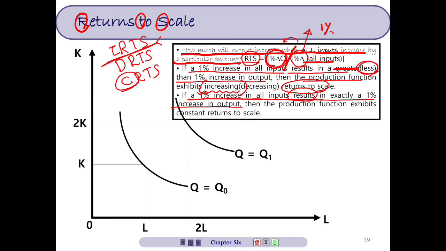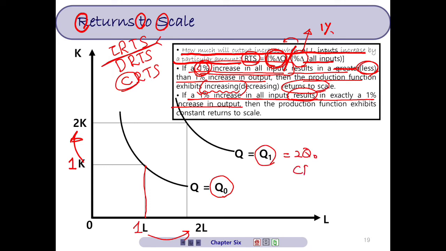right? The same ratio. So here, for the original isoquant, we put in 1 unit of labor, 1 unit of capital, and we want to double both, or the same percent increase in all inputs, right? If we match up Q1, the new one, if it becomes exactly double, 2 times Q0, then this will be classified as constant returns to scale.